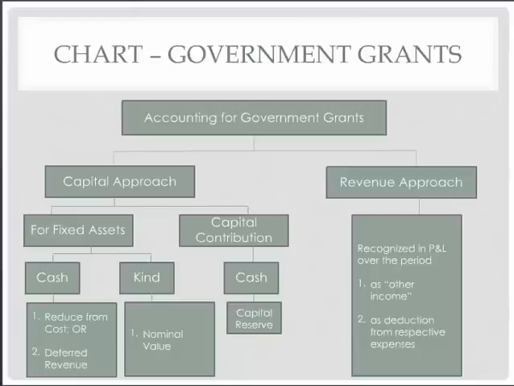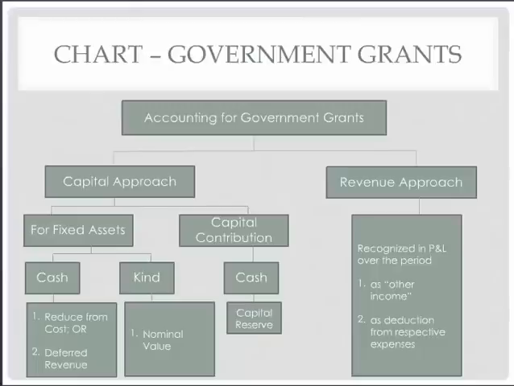Capital grant can be related to fixed assets or for capital contribution, which is related to total investment, total outlay for your business. Now, if it relates to fixed assets, it can be either a cash grant or grants in kind.